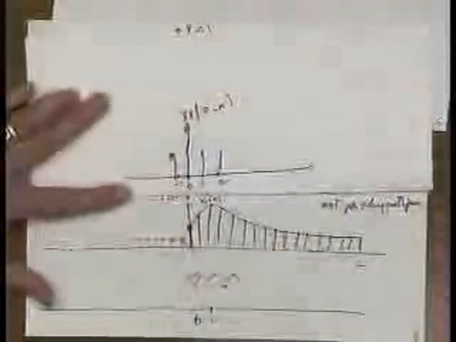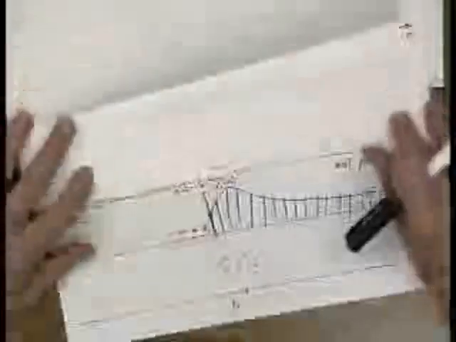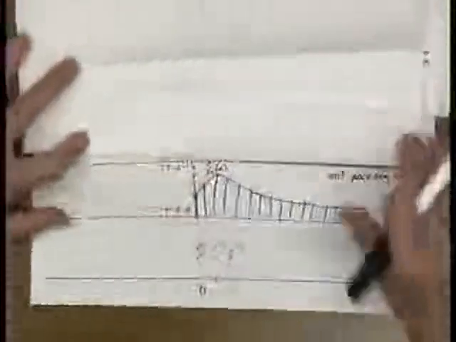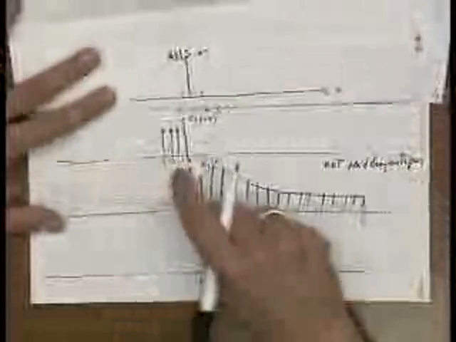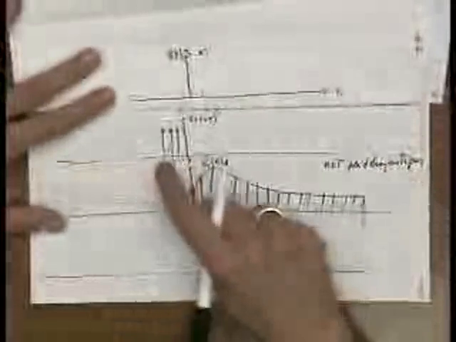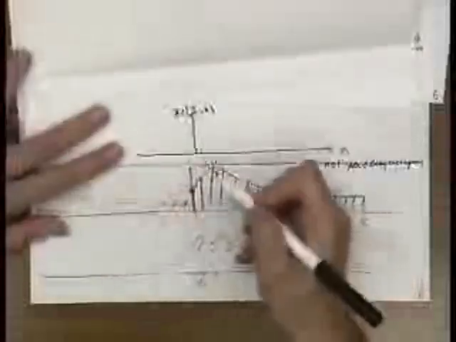Finally, when I go to the last thing, which is x2 of 3 minus n, I'm going to do one last folding of the paper. If I now plot as a function of n, x2 of 3 minus n, that's 3 shifts of this signal, x2. So first shift, the last index was here, the second move was here, the third move is here.